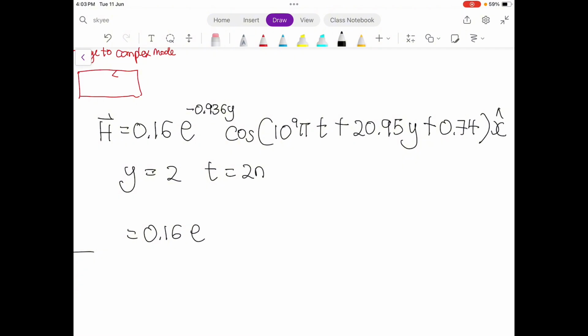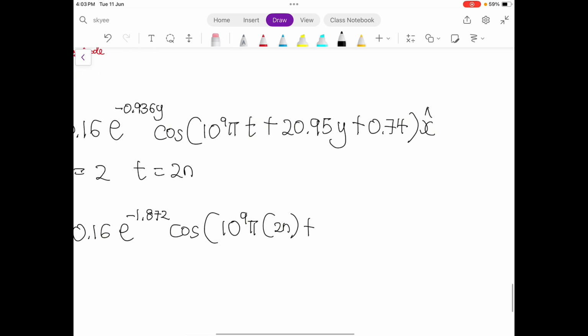So I will directly write it as 1.872, cos 10 pi, t is 2 nano, plus 20.95, this is 2, and plus 0.74, this is x.